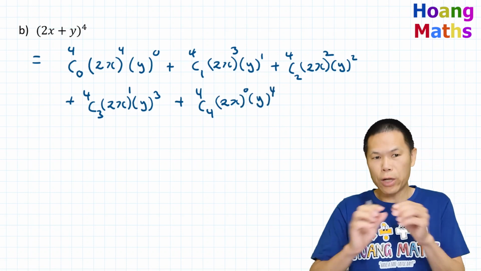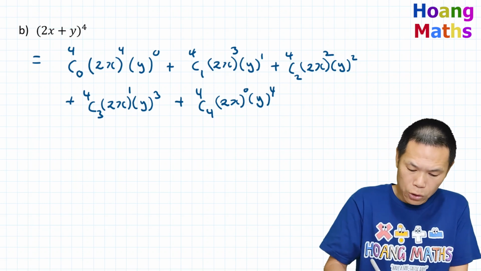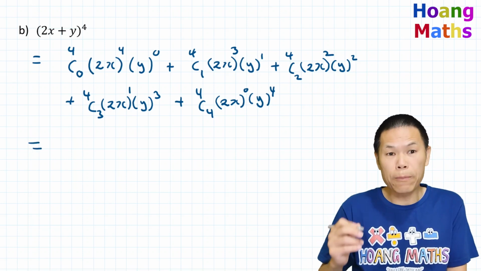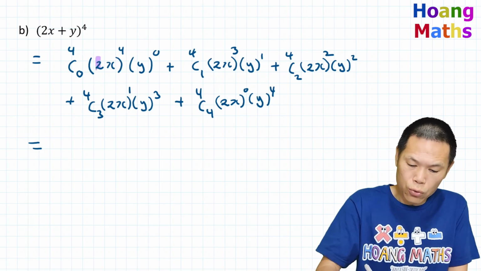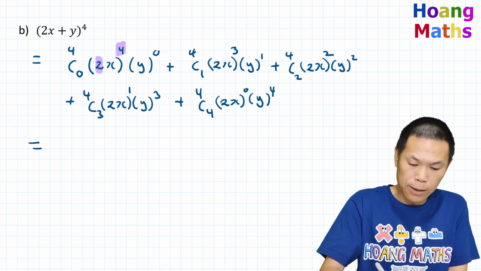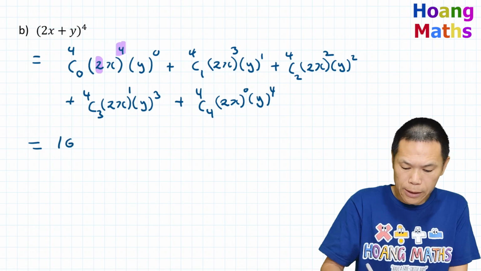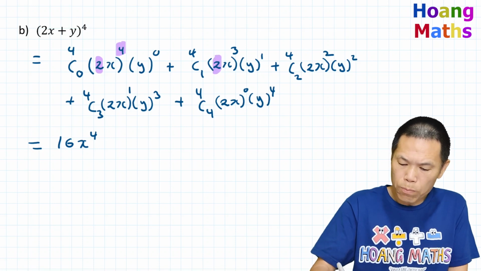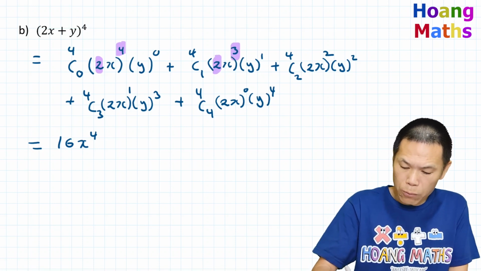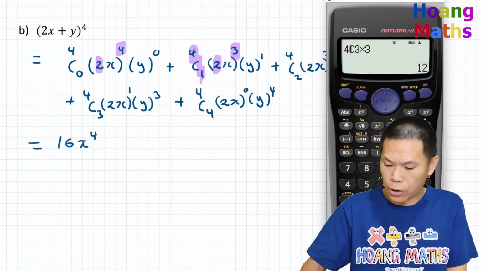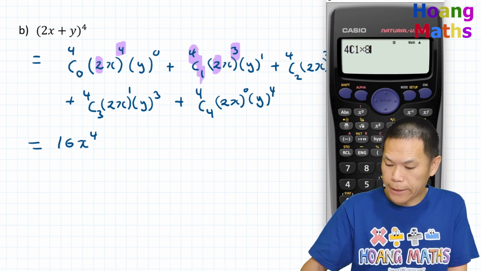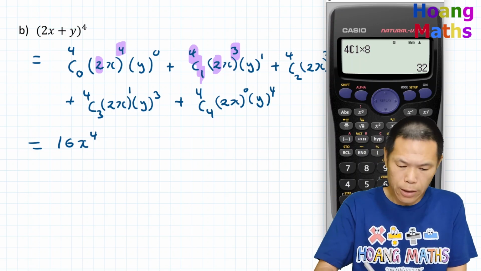So now what I do, I just evaluate this out. So 4C0 will give me 1. And then we have 2 to the power 4, give me 16. So 16x to the power 4. And y to the power 0 is 1 anyway. And now we have 2 to the power 3, and then we times 4C1. So just go 4C1 times 8, so that is 32.